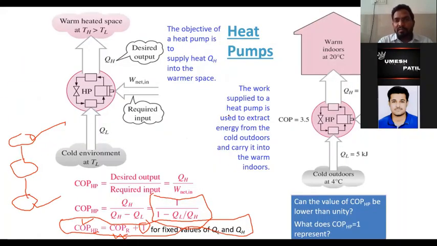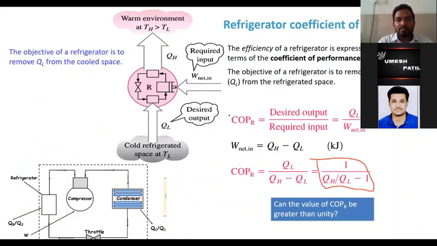Okay, I'll explain here in the refrigerator. So in case of refrigerator, it is going to absorb heat from a body whose temperature is to be maintained at lower level.